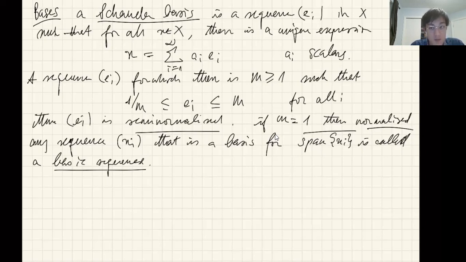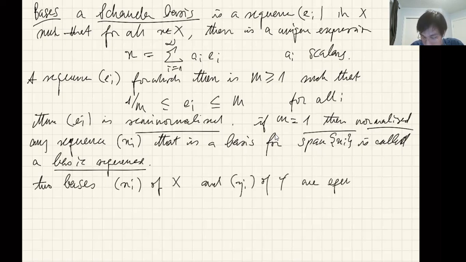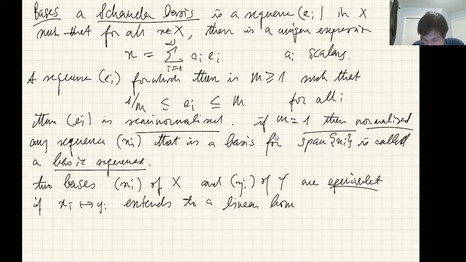Okay, so now we're going to talk about what it means for two bases to be equivalent. So two bases, x_i of X and y_i of Y, are equivalent if the map x_i to y_i extends to a linear homeomorphism X to Y. Linear homeomorphism is our notion of isomorphism with normed vector spaces.